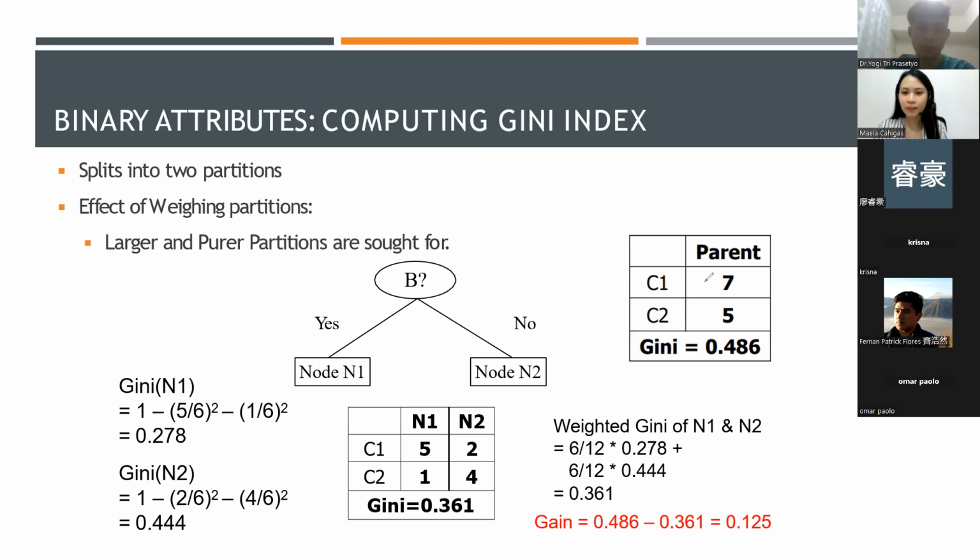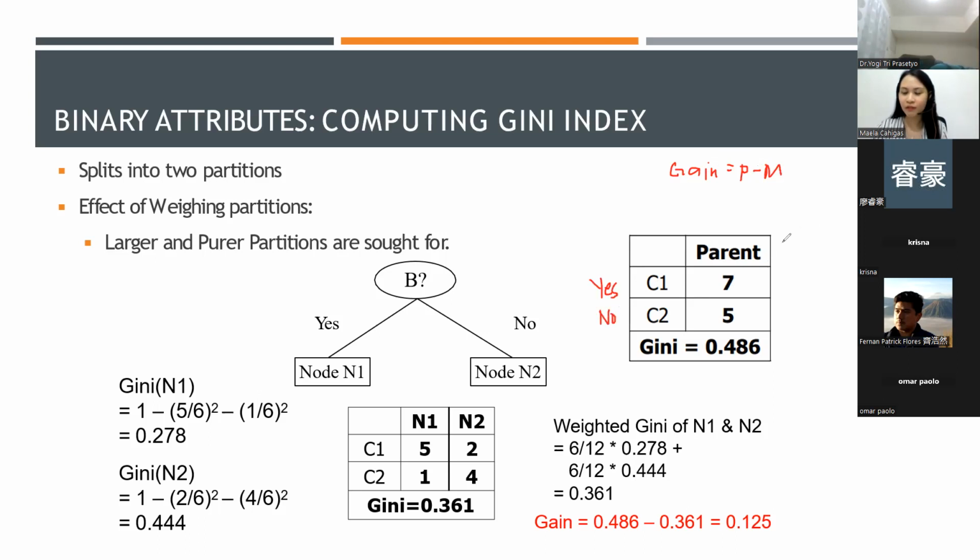So for example, we have the parents. Again, when we say gain, we have this formula: the Gini of the parent minus the Gini of your child, or of the offspring. In the parent, this is your yes and no as well.